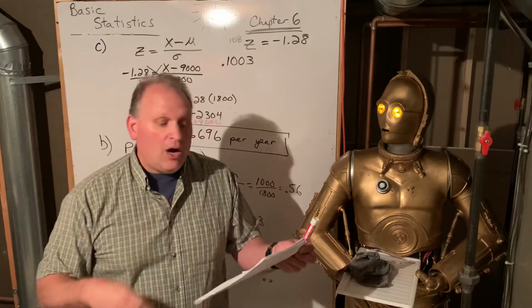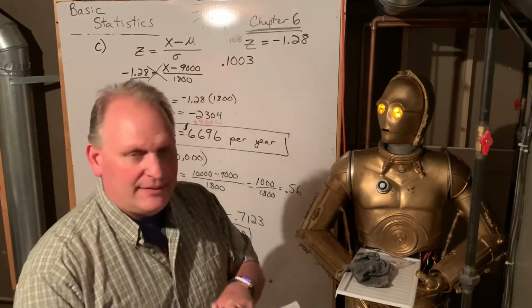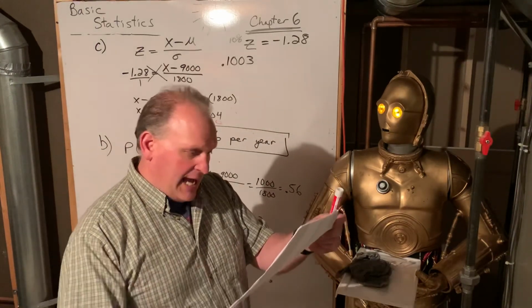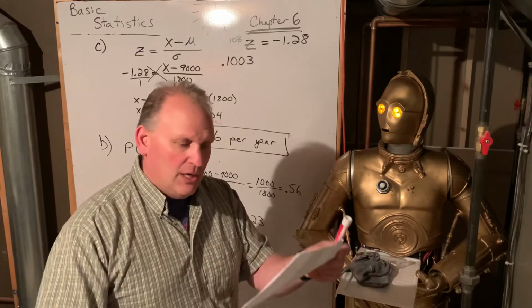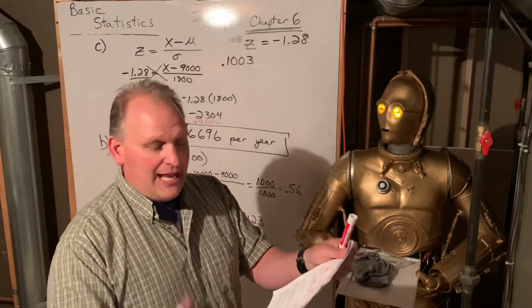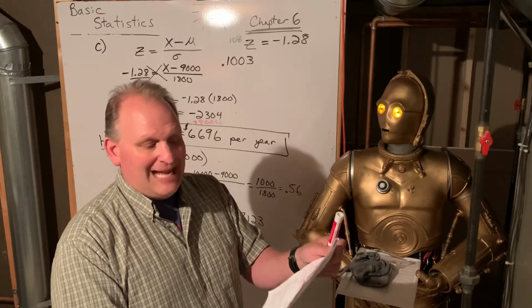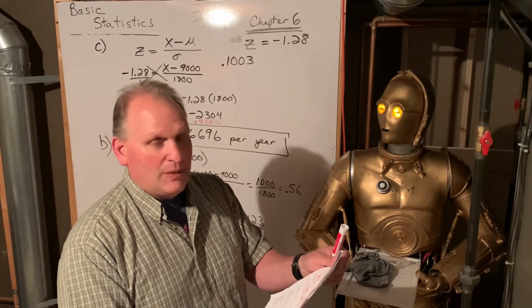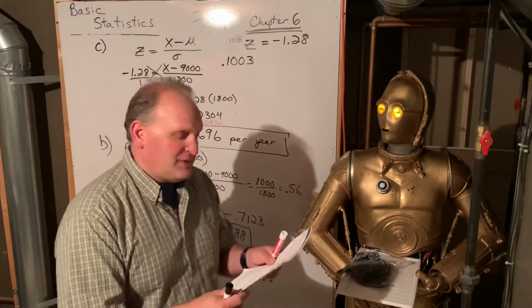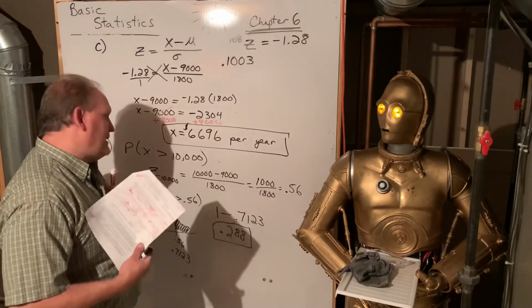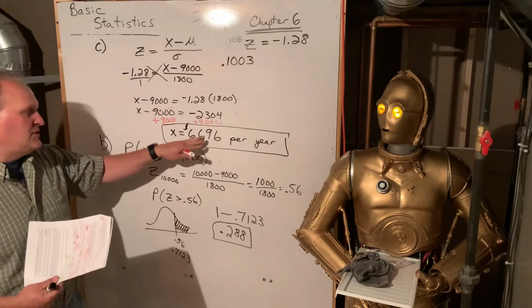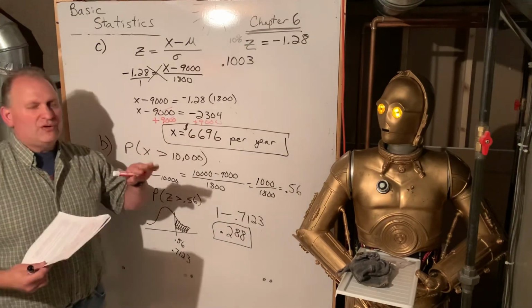All right? Oh, also, and this might come up, so if you use your tech for this, if you use your calculator or Excel, the answer that you would get with those would be $6,693.21. So it's a little more precise, but again, personally, I prefer to use the chart, and that gives you a better understanding.